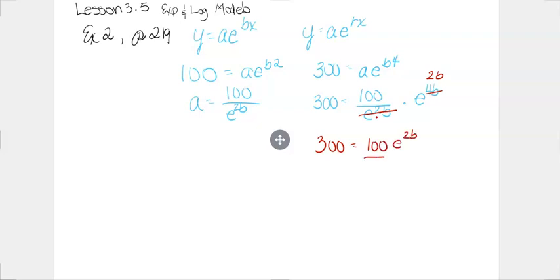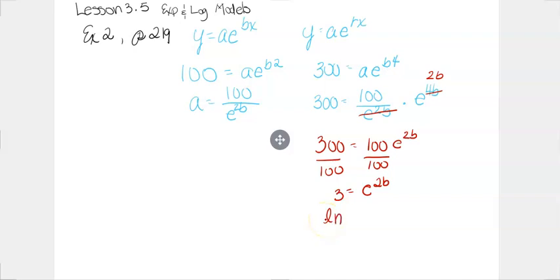I want to get rid of the 100, so I'm going to divide both sides by 100. And I get 3 equals e to the 2b. Now I still want to isolate the b, but it's an exponent. So the only way I can simplify it is to take the natural log of both sides, because I have the natural base e.